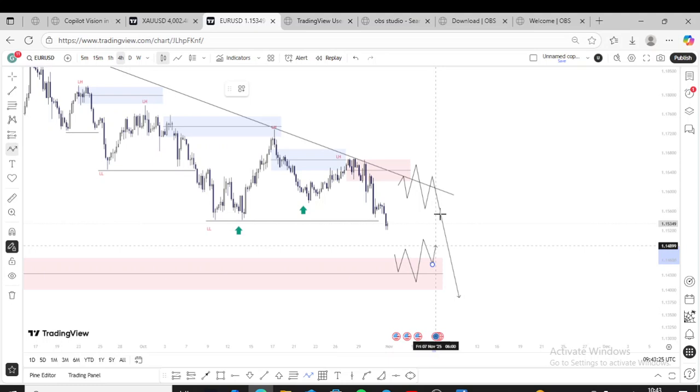But I already know in my mind that any buys I'm going to be taking from here are going to be risky, because obviously the market hasn't given me any reason to look for buys yet. The market might just give me something like this and then drop without giving any significant profit.